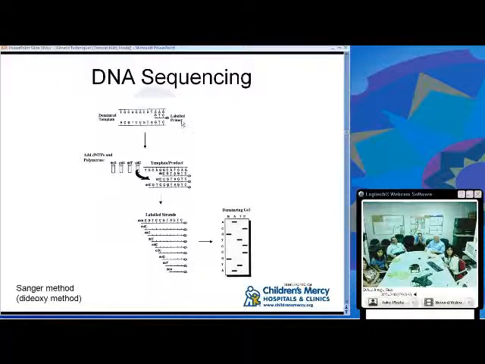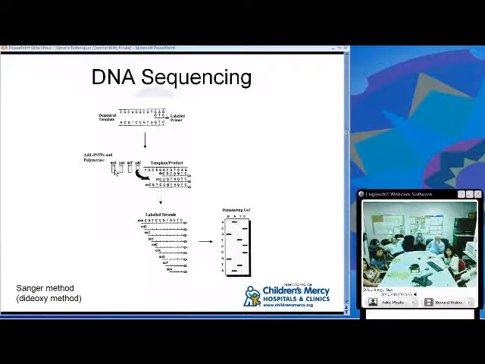And here we denature the double-stranded DNA, and then we use a specific primer for a specific sequence of DNA we were looking for, and we label that primer so that we'll be able to visualize it on a gel. And then the dideoxy method means that in addition to the polymerase and the nucleotides that you put in here, you put in what are called dideoxynucleotides.